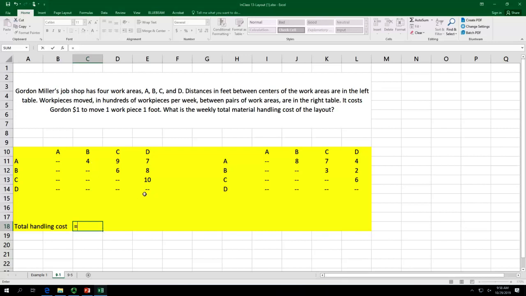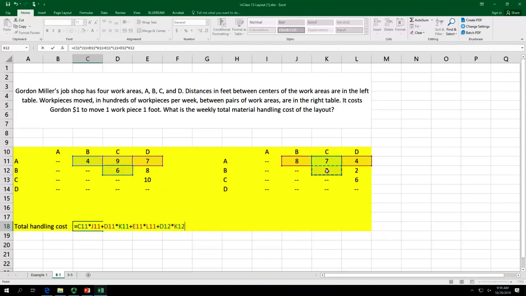So the total cost of this arrangement should be this one times here, plus this times this one, plus 9 times 7, plus 6 times this, plus 4 times 3, plus 8 times 2, plus 10 times 6.